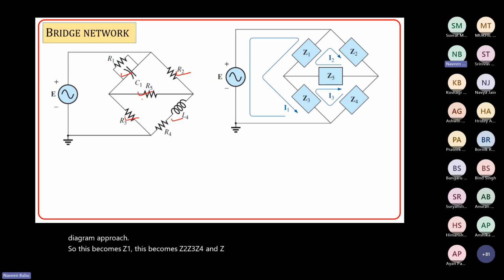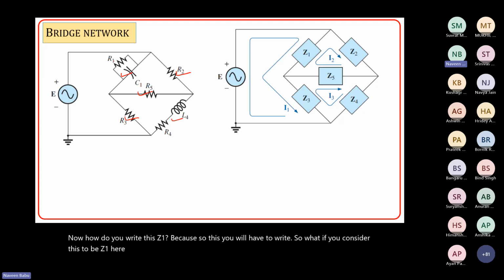Now, how do you write this Z1? Let me consider this variable to be R1 and C1, so let us consider it to be XC1.